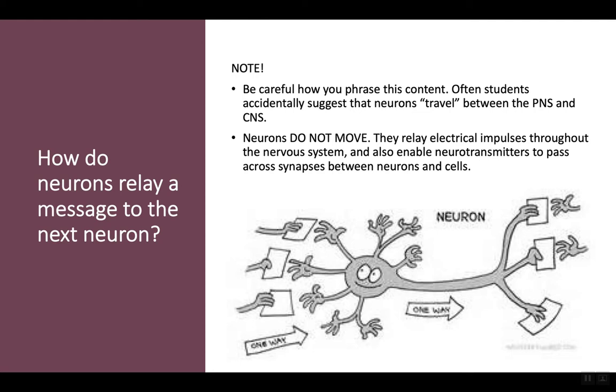Now, be careful when we're talking about this. We're passing messages along, but the neurons themselves do not move. And we've also got to be careful about talking about how a message is passed within a neuron and between them. So within a neuron, it's going from the dendrite to the axon, and then it's an electrical phenomenon.